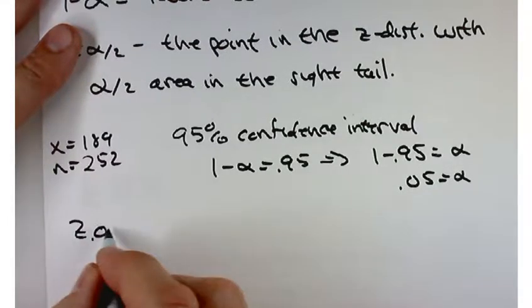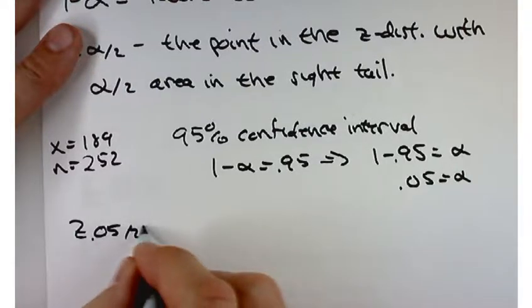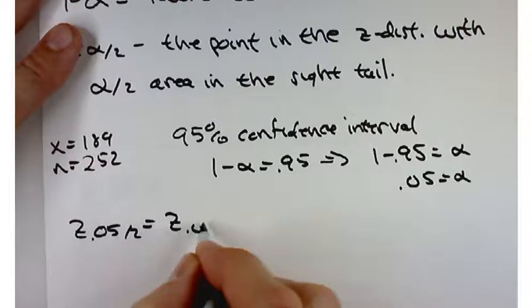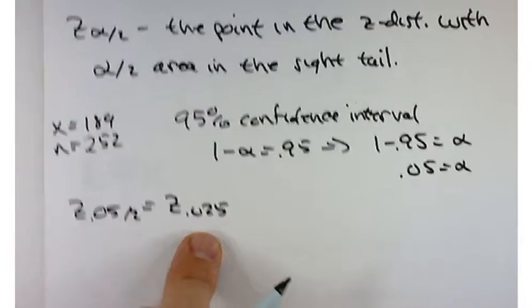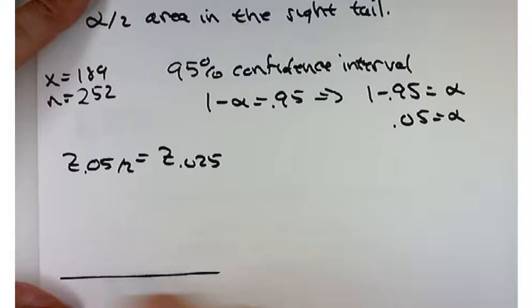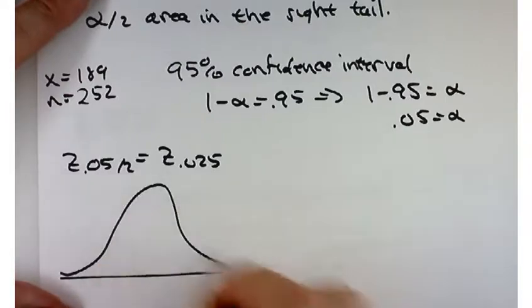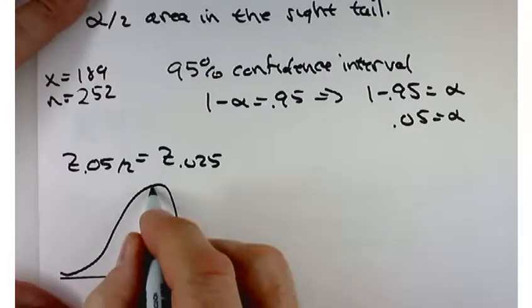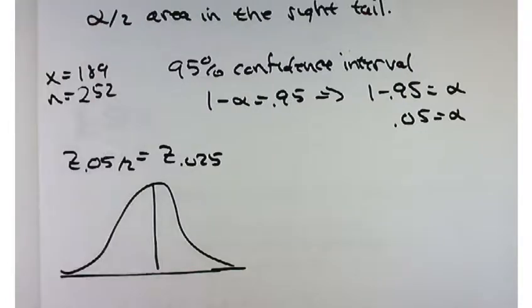That's going to be z sub 0.05 divided by 2, or z sub 0.025. That's the point from the z distribution with 2.5% of the area in the right tail. You can get this from Google Sheets, or you can get it from your graphing calculator.